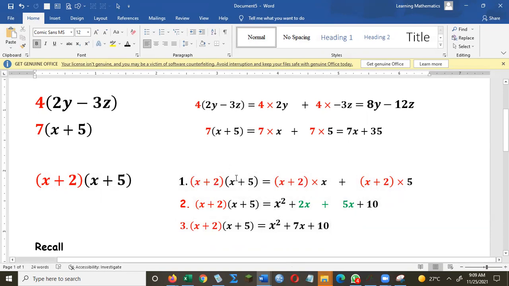So the brackets in black are cleared. Now we clear the brackets in red. x times x is x squared, x times 2 is 2x, 5 times x is 5x, and 5 times 2 is 10. So steps 1 and 2, 2 sets of brackets cleared. The third step is to simplify the central terms: 2x plus 5x is equal to 7x. So just remember, when you're clearing brackets, you have 2 sets of brackets to clear in 2 steps, and the third step is to simplify.